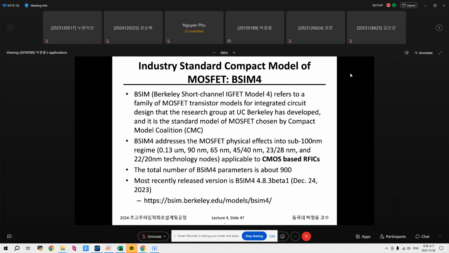As I said before, for CMOS we use a standard model. This is the Berkeley Short-channel IGFET model, insulated gate FET.